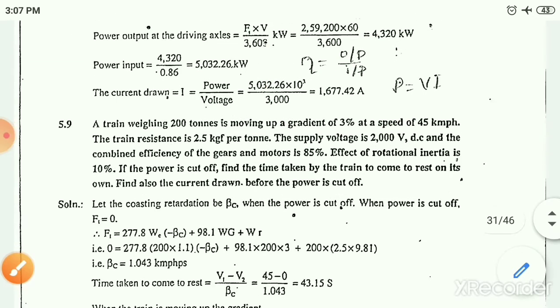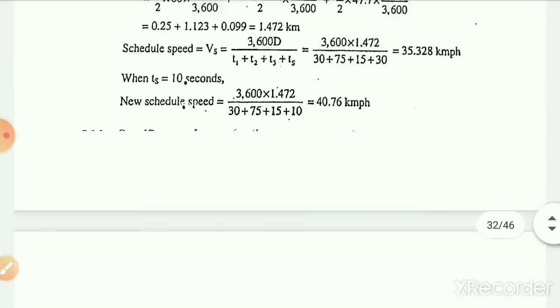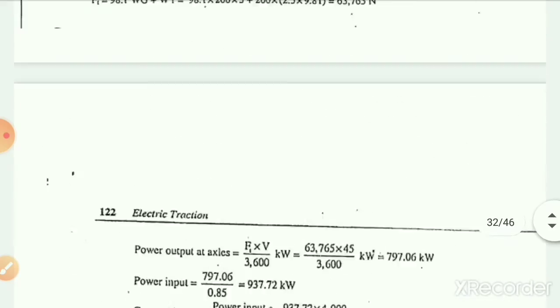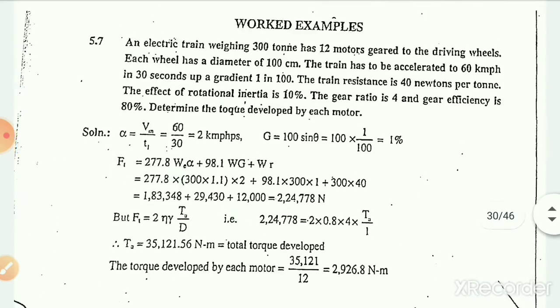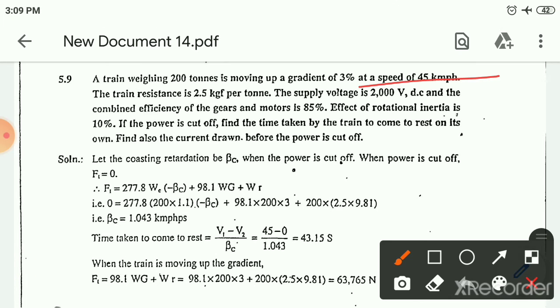Next is another problem. The train weighing 200 tons is moving up a gradient of 3% at a speed of 45 kilometers per hour.